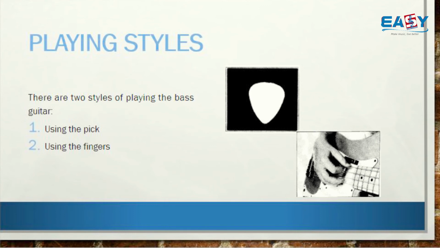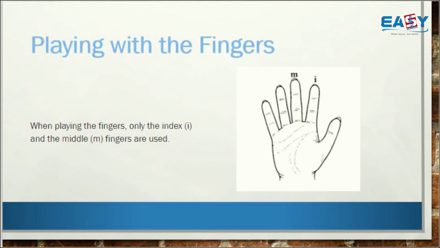Let me go to playing with fingers. All that you need to know is that something that will help you play very well and very comfortably is using the index and the middle finger.